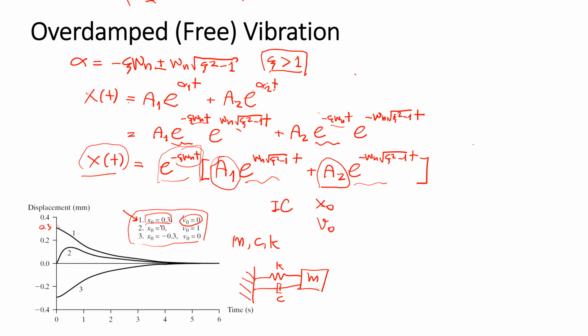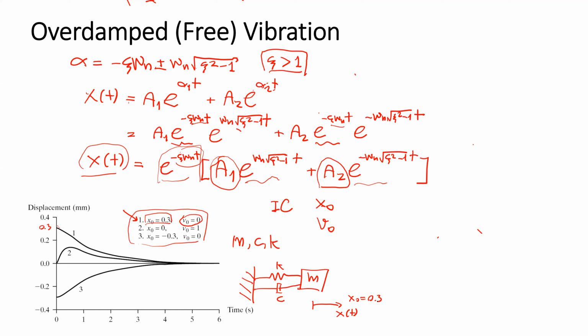And in the first case, we just pull the mass maybe to the right-hand side to the positive x0 and start from rest.